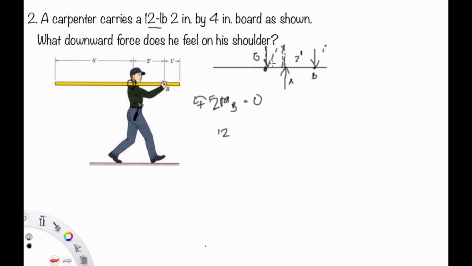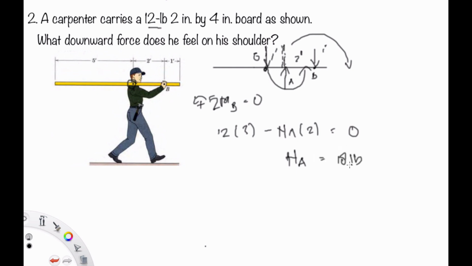The force is 12, and it is counterclockwise, so it is positive, times the distance to B, which is 3. Then negative for A, because A is clockwise, with a distance of 2. It equals 0, so the normal force on A is 18 pounds. So the downward force on the carpenter's shoulder is 18 pounds.